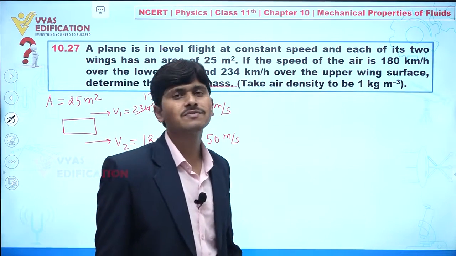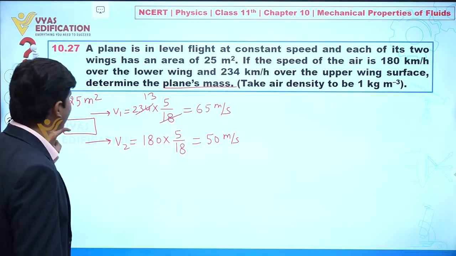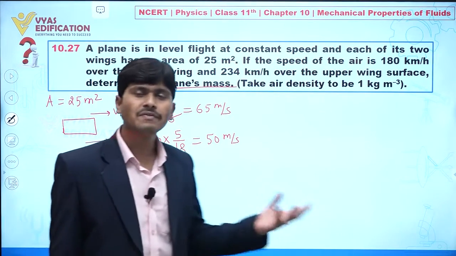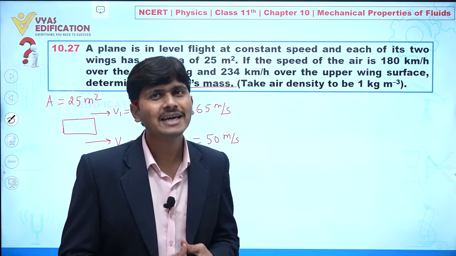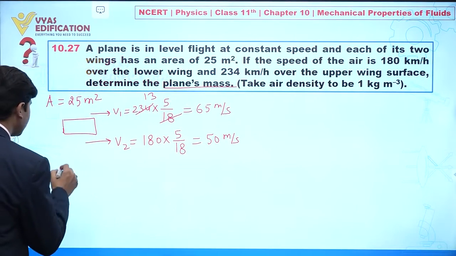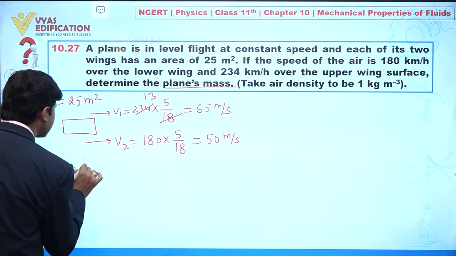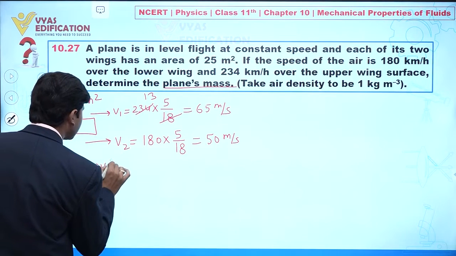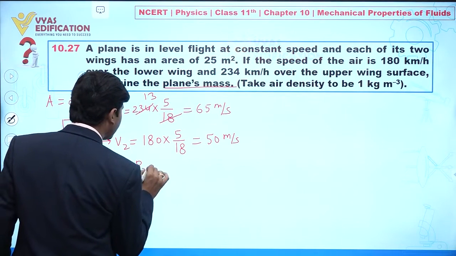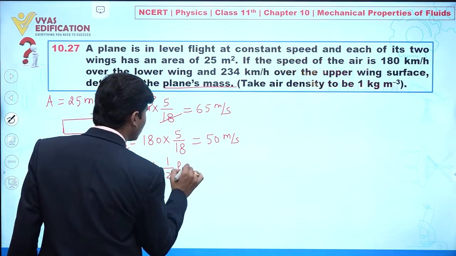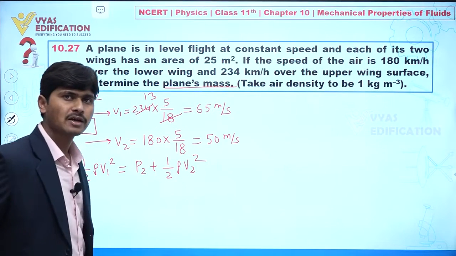So for the plane mass, whenever you find such a situation, definitely you can say we can apply the Bernoulli equation, clear. So the Bernoulli equation we can write like this: P1 plus 1 by 2 rho V1 square equals P2 plus 1 by 2 rho V2 square, clear to you.